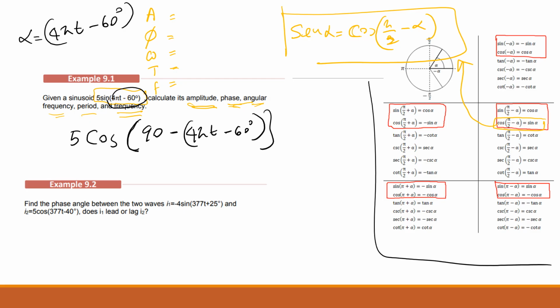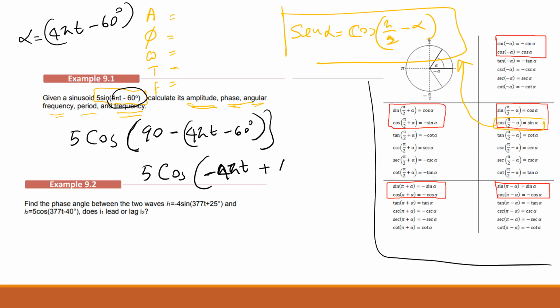We have 4 pi t over 2, then minus the 60.